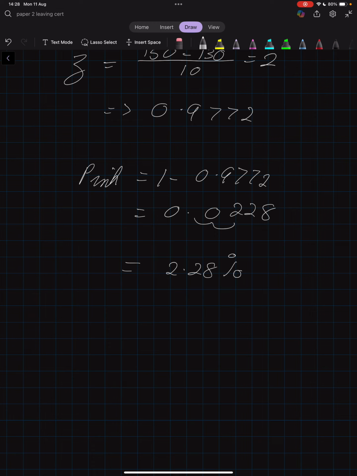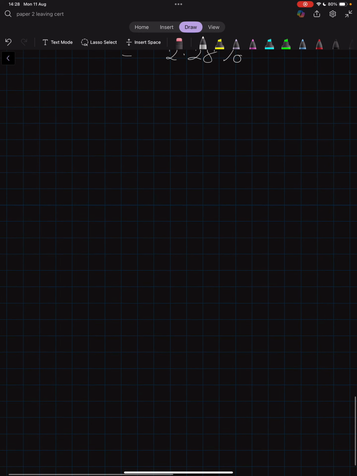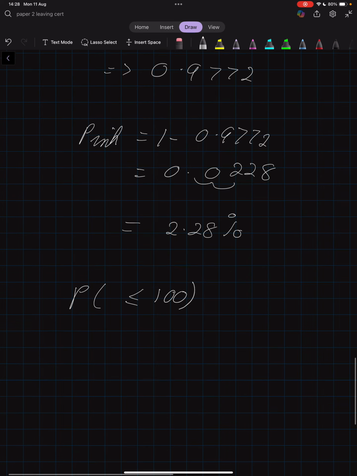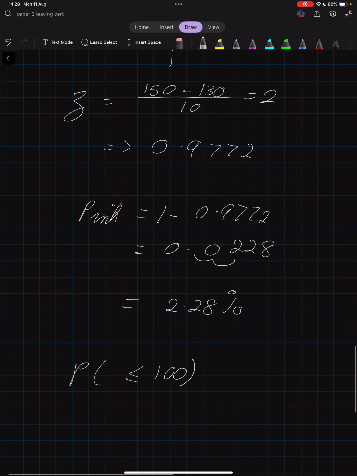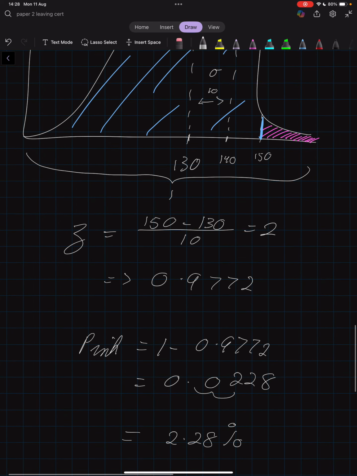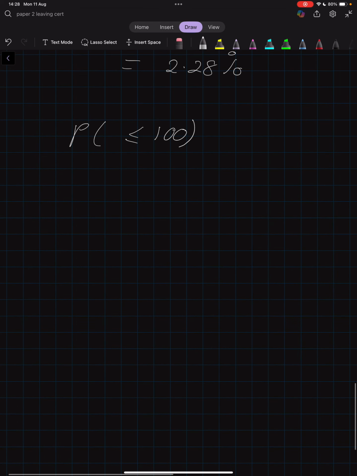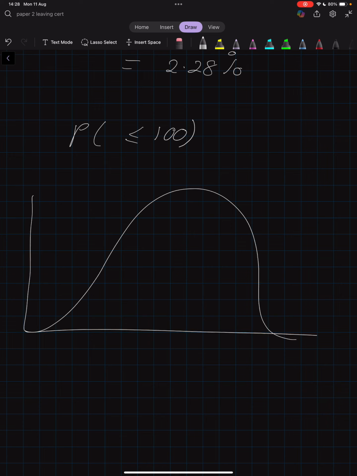Now I'm going to do another one. What's the probability that we're going to get less than 100 points in a game? Now we do the exact same thing, but remember, this is 130.